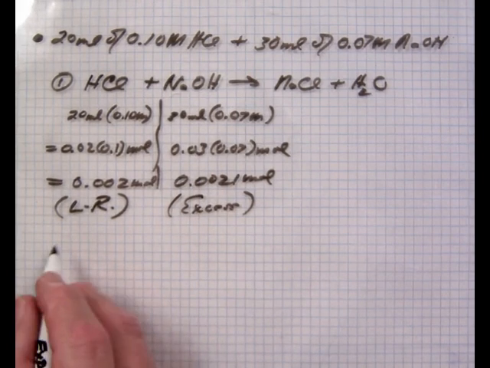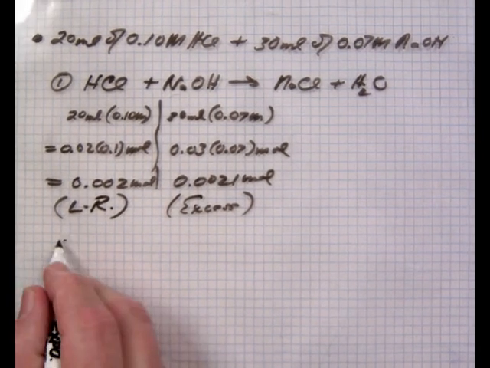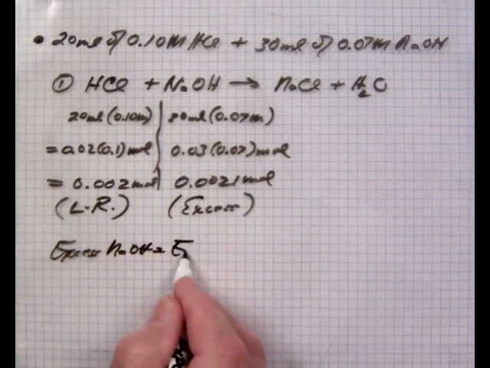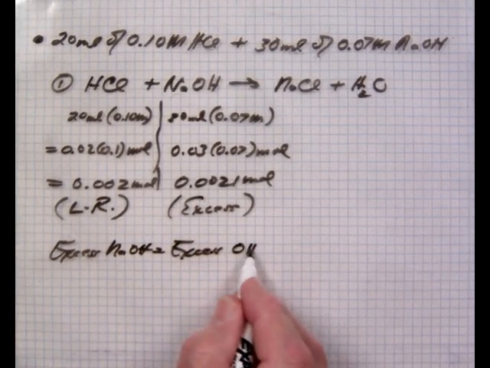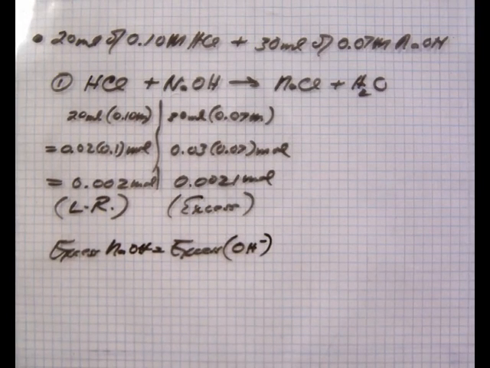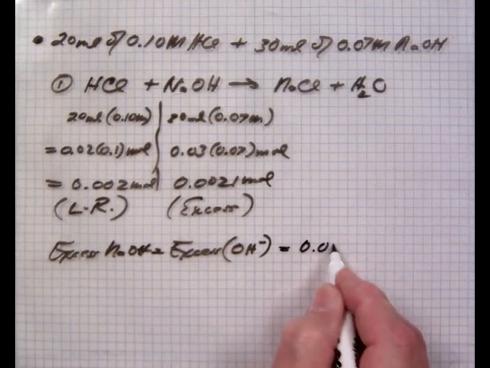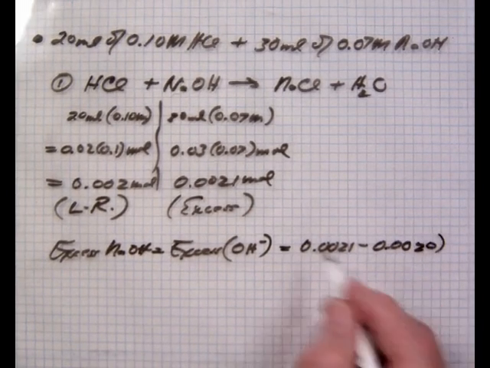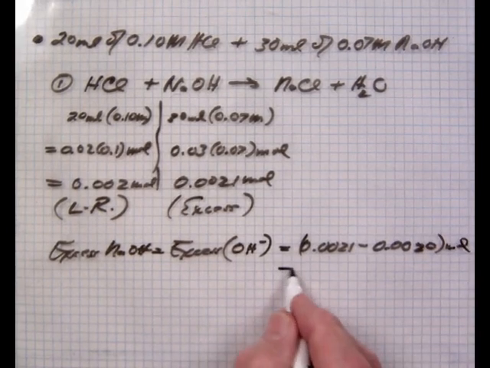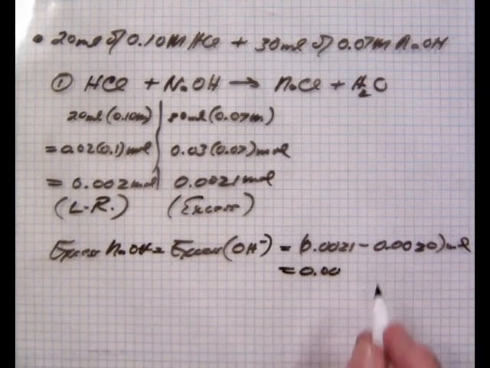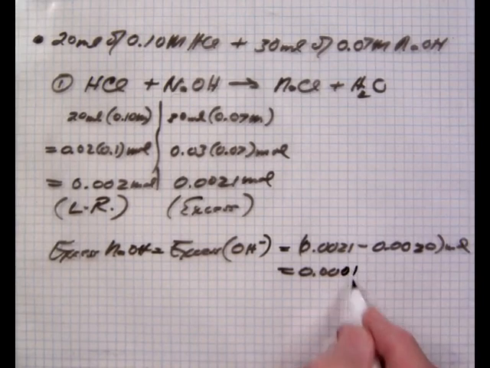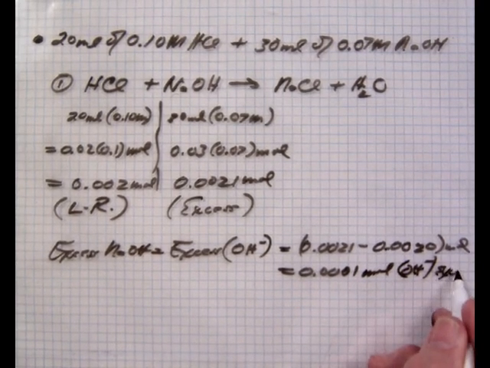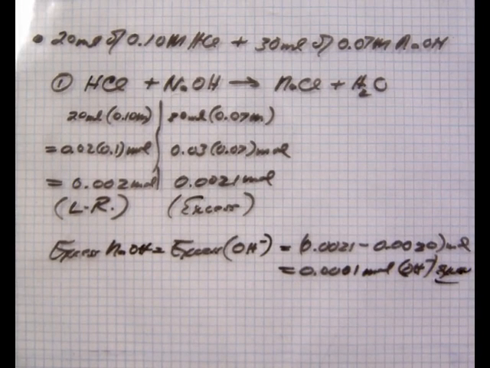So what we want to do is to get the excess base, which equals the excess hydroxide, because this is a strong base, is 0.0021 minus 0.0020 mole. And so that's a 0.0001 mole OH excess on the end down there.